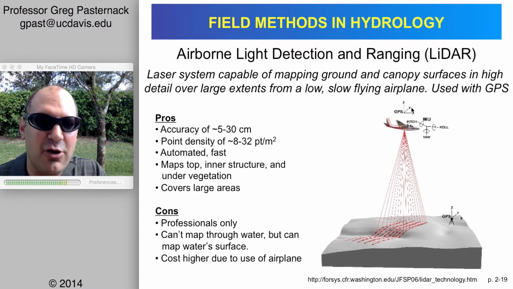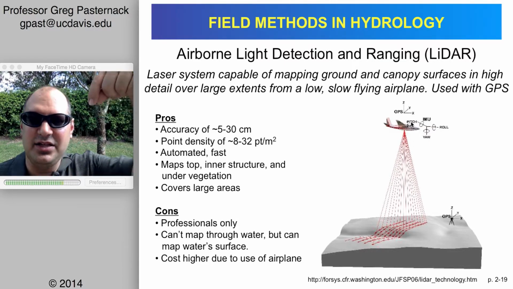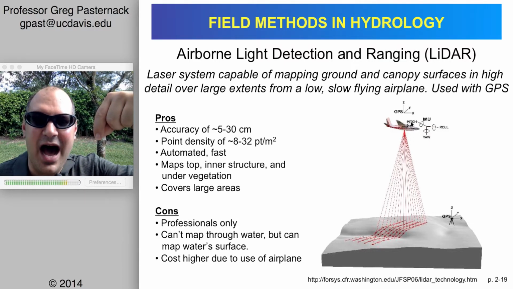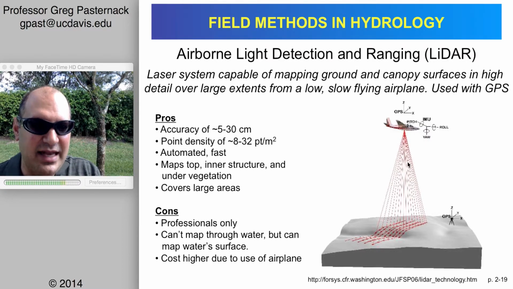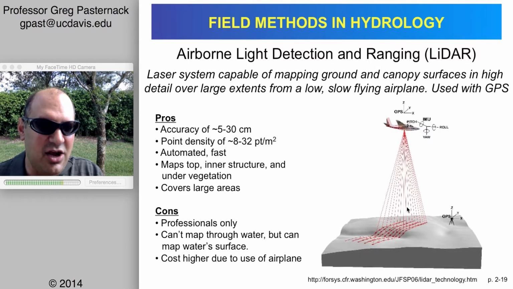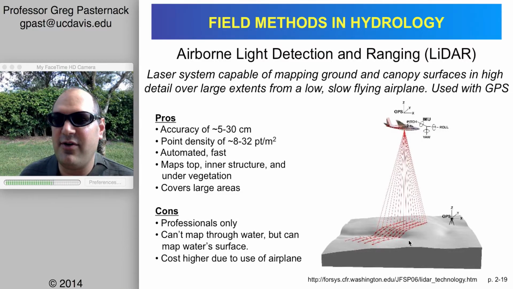So you fly an airplane or a helicopter over the ground, and it's just shooting one dot, but it's scanning very fast across the plane. So you get this fan going across. As the plane moves, it's scanning across, and it's making a map that looks very similar to MultiBeam.